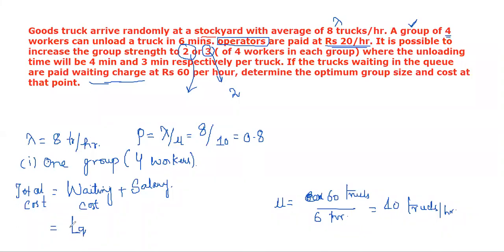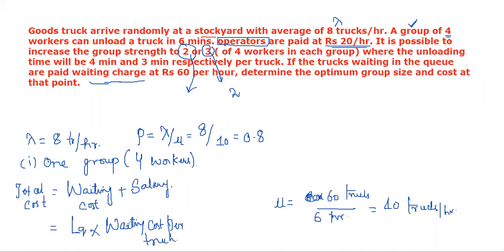That is, how many trucks are waiting in the queue, multiplied by the waiting cost per truck. Rupees 60 is being paid to one truck per hour.